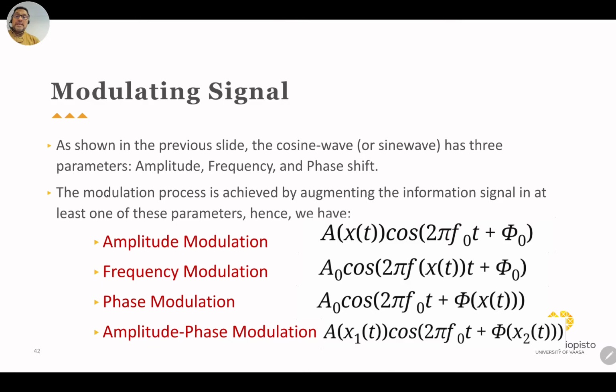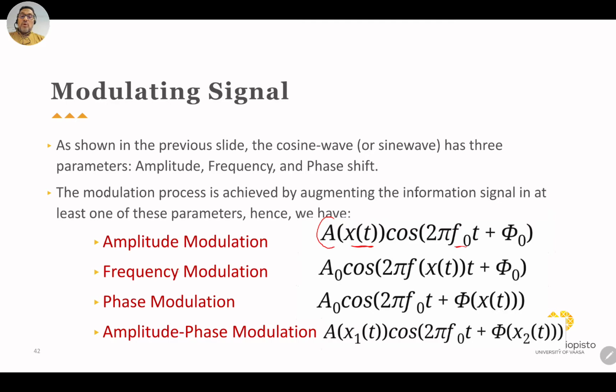So if we look at these possible modulations, we have amplitude modulation, which means that the amplitude A is now a function of our information signal x of t. So the amplitude of this cosine will be changing according to the changes of our information. So this will be some kind of modulating of our signal with the carrier frequency f0.